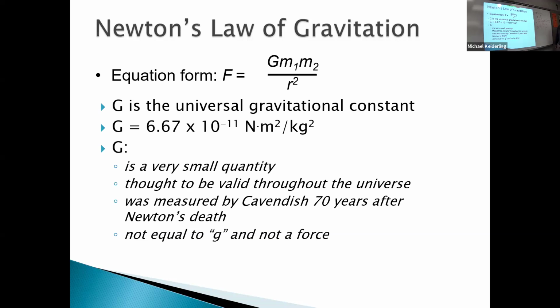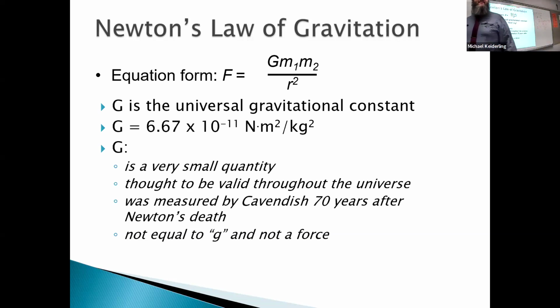Capital G is a very small quantity. You may notice this is like times 10 to the minus 11. The similar constant for electricity is like something times 10 to the 9.